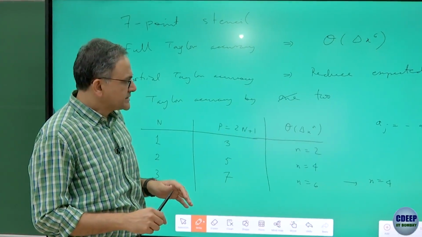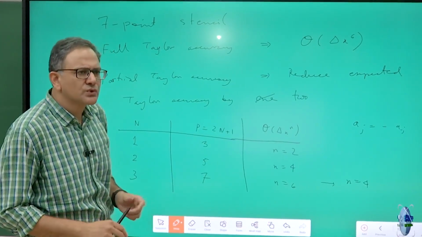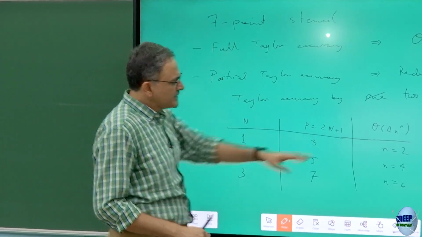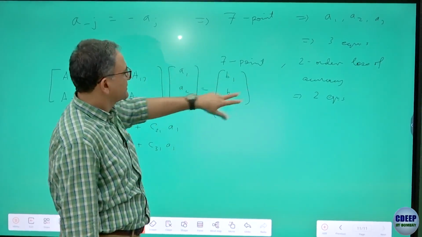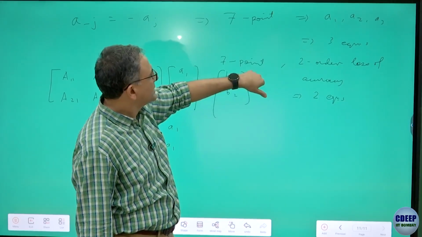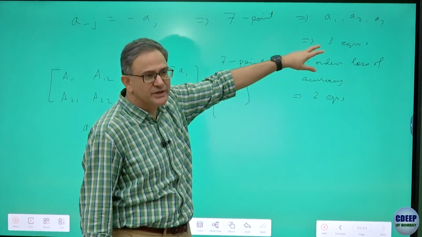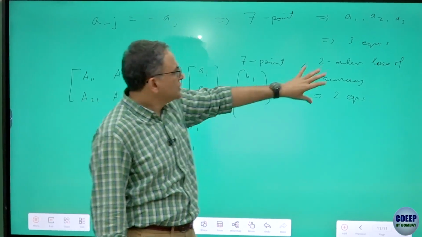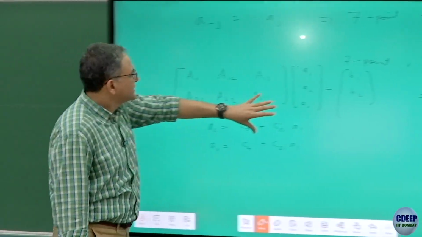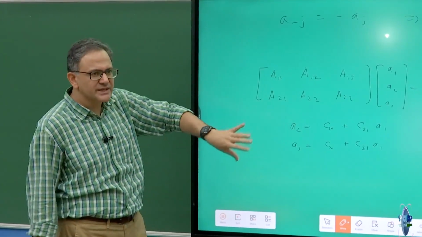It's not allowing solutions to grow or decay in space. If you want to preserve that, then you end up with a 5th order accurate scheme now. So instead of the 7-point stencil giving you 6th order accuracy, you end up with a 4th order accurate scheme. So we'll again do this in the next class.